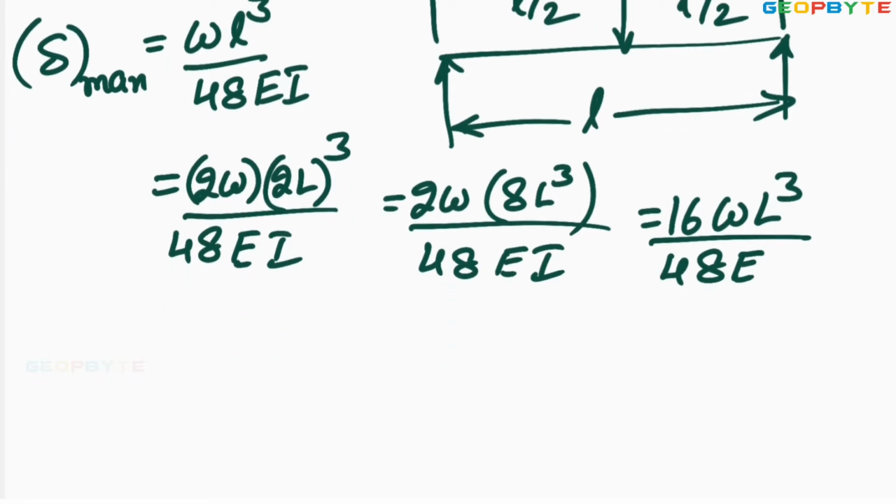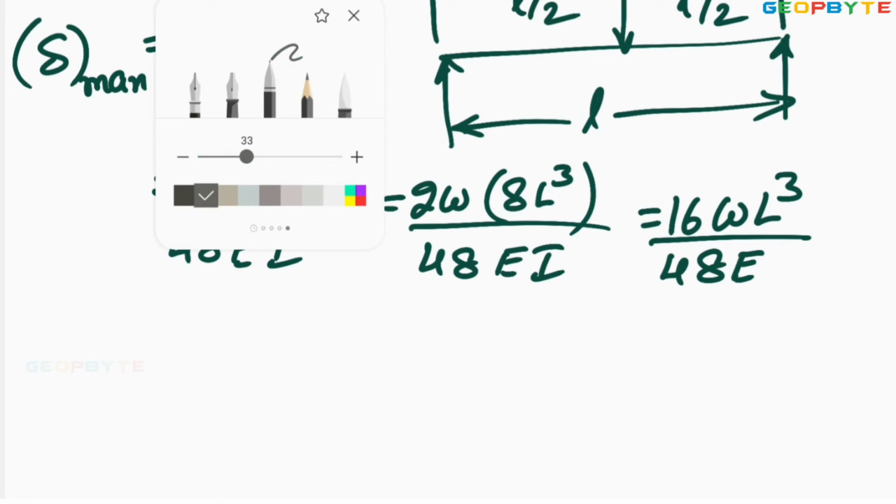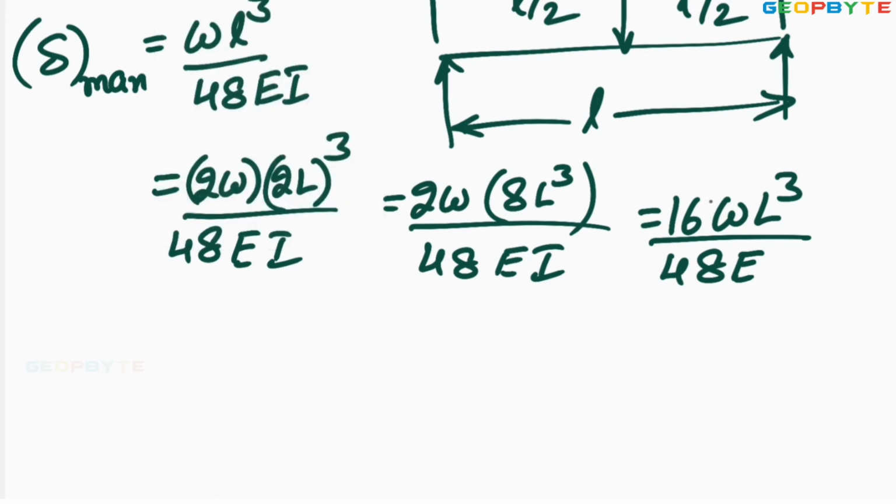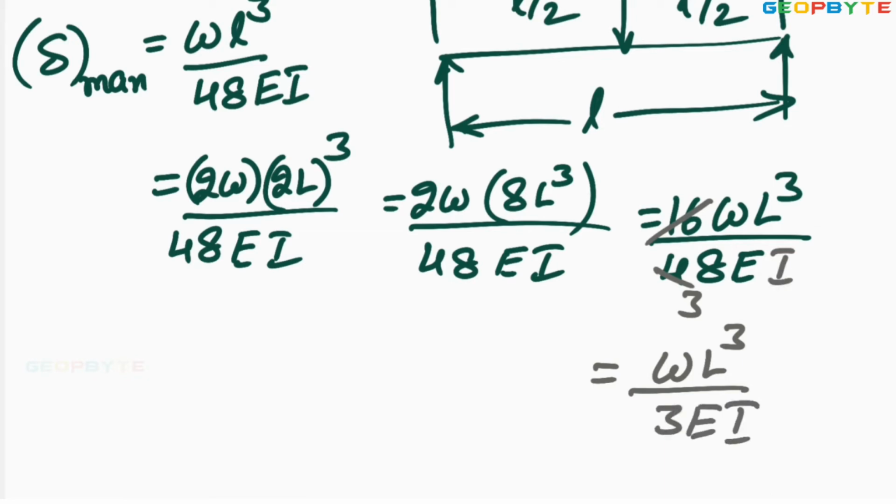16 is 3 times 48 here. Finally it is WL cube by 3 EI. So this is the formula to decide the maximum deflection at the center of the beam when the load is doubled and the length is also doubled.